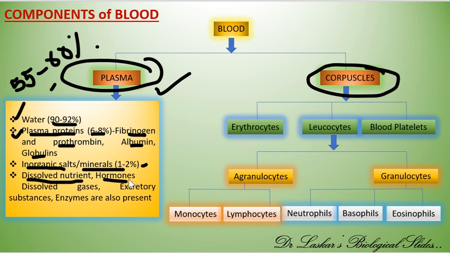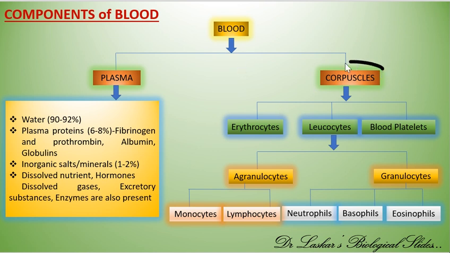Hormones as regulatory substances. Dissolved gases such as oxygen, carbon dioxide and nitrogen. Excretory substances such as ammonia, urea, uric acid, creatinine and creatine, and enzymes are also present. So this is about the blood plasma and its components.